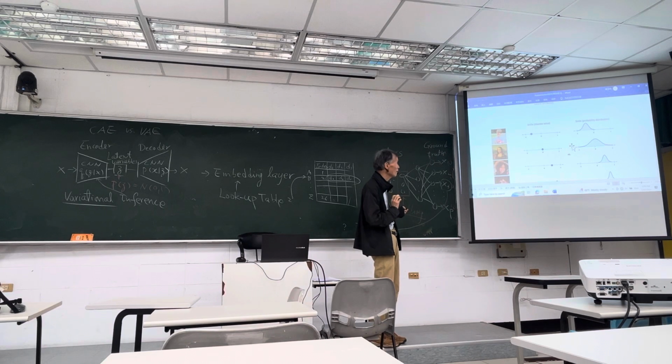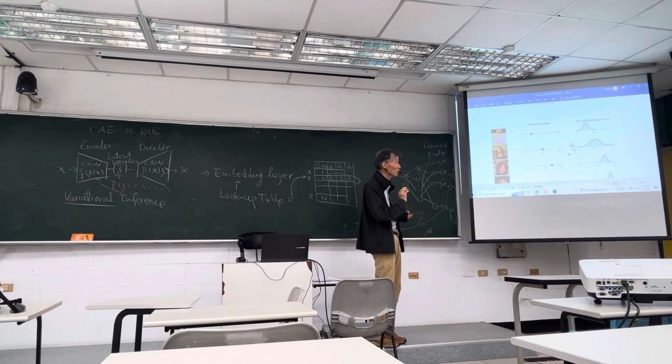A little bit sad. So for the smile variable here, if you go for the CAE, then you might have a negative value for the degree of smile. But for VAE, you will output the distribution. See it?